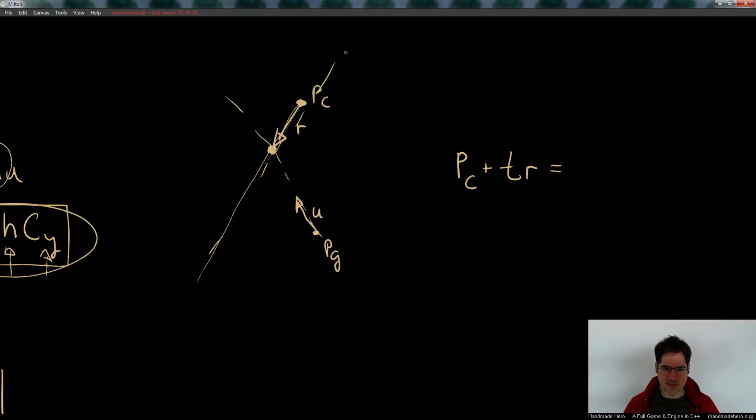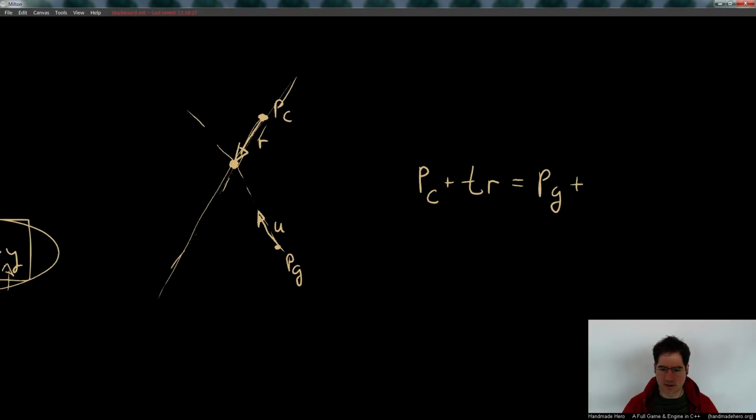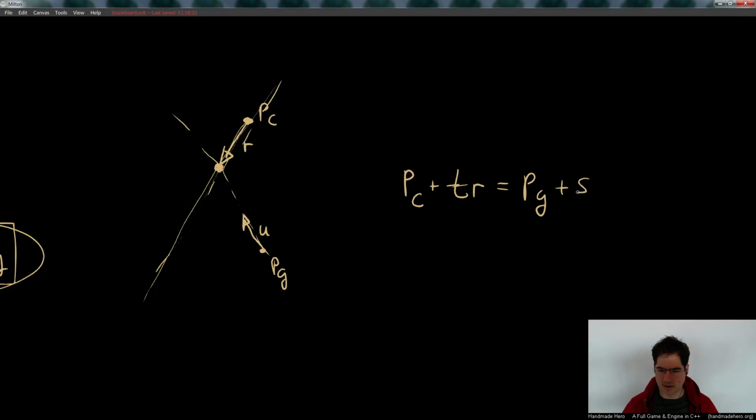T is my free parameter of where I go on the line. I want PC plus TR to equal PG plus something times U, say S times U. And so I want to know where these 2 are going to equal each other.